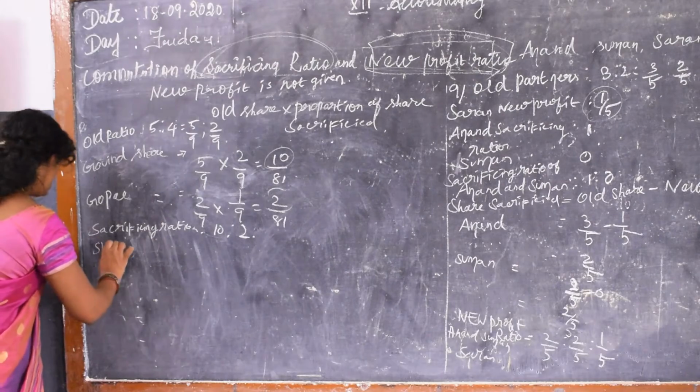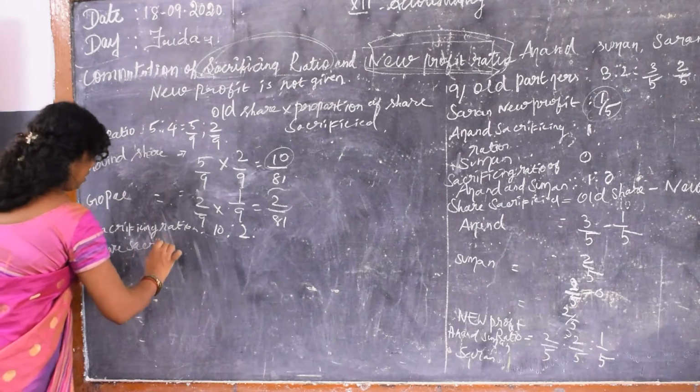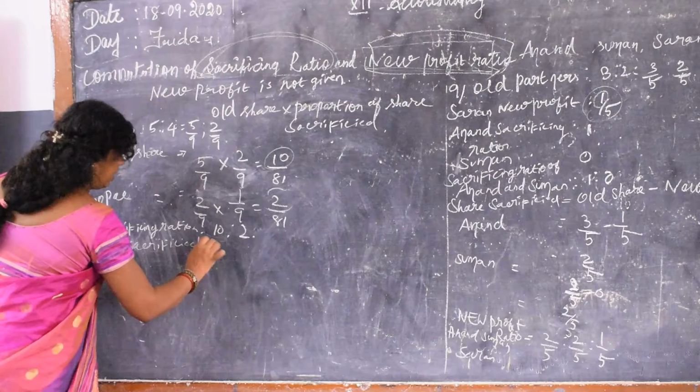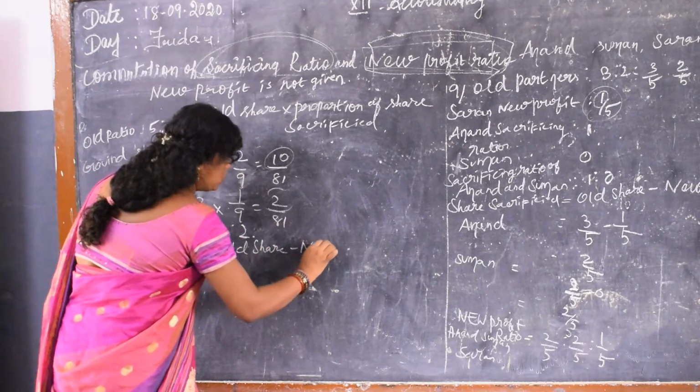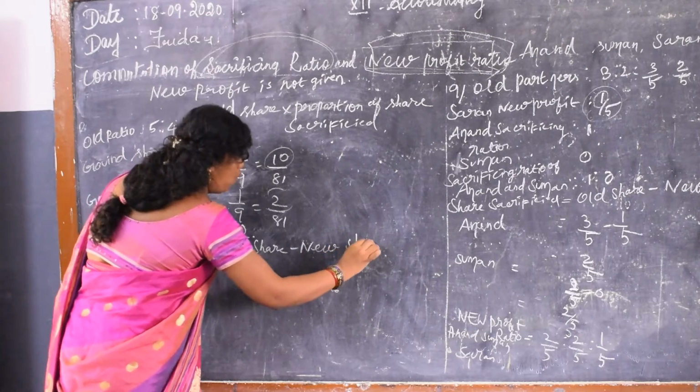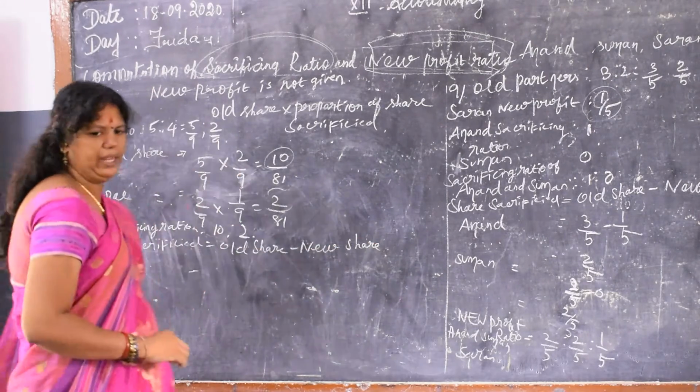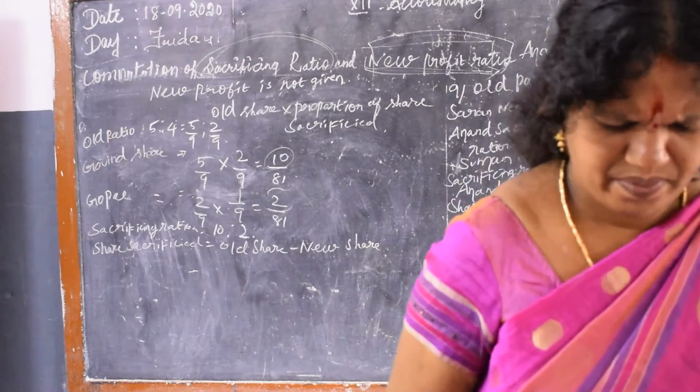Share sacrificed is equal to old share minus new share. In this sum, what is the old share?